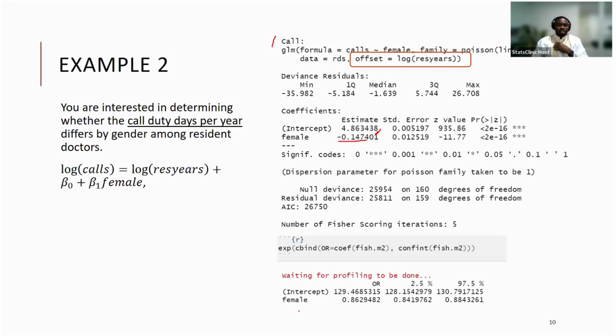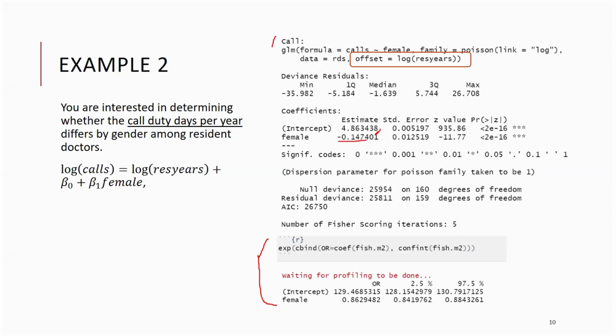So who can take a shot at interpreting this for us? This is what you get for exponentiating. So who can interpret this exponential for us? Anyone? The estimate when it is a male resident is exponential of 4.86, while with the female is exponential of minus 0.14.